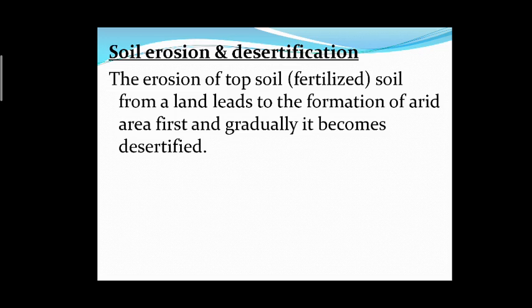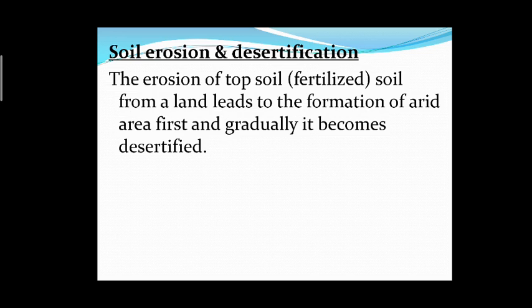If continuous rain takes place, the topsoil will be moved to the ocean and it causes algal bloom, such a phenomenon. But if the topsoil is lost, the fertilized soil will be lost. Then there is no use of such area. Then that area becomes arid and gradually desertified.